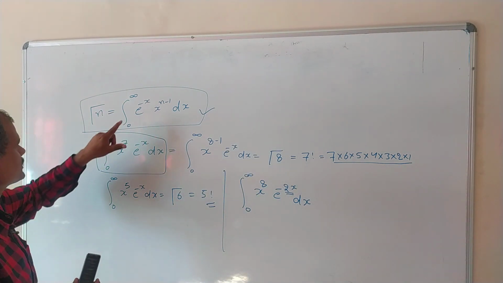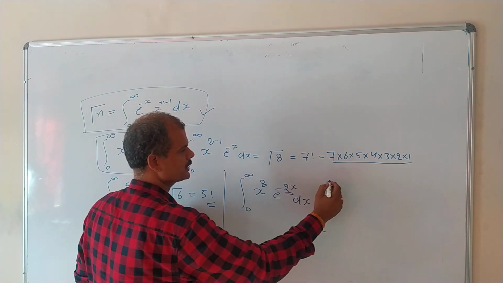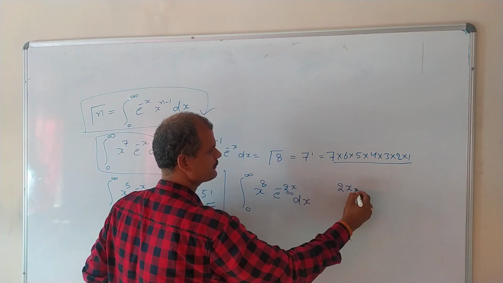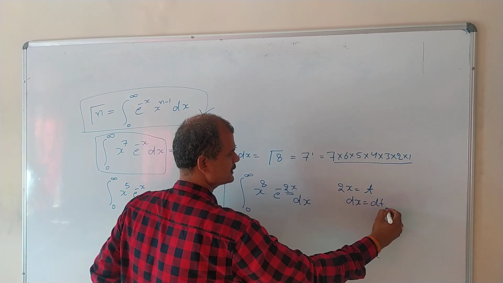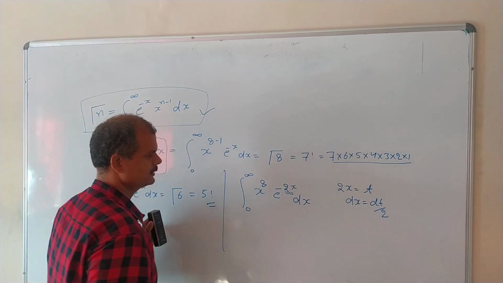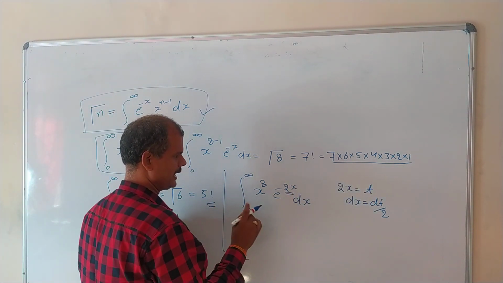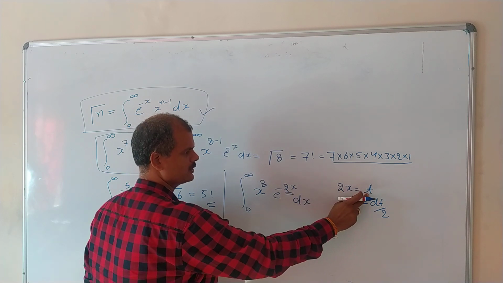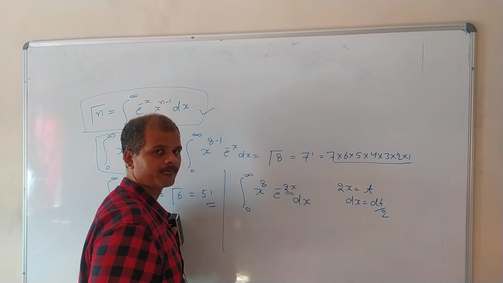If you see the gamma function, always we need e power minus x. So we take 2x as t, so dx will be dt by 2, and x will be t by 2. Limit x equal to 0, t equal to 0; x equal to infinity, t equal to infinity.